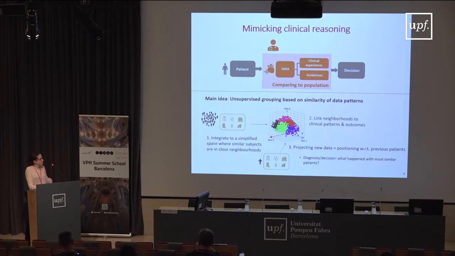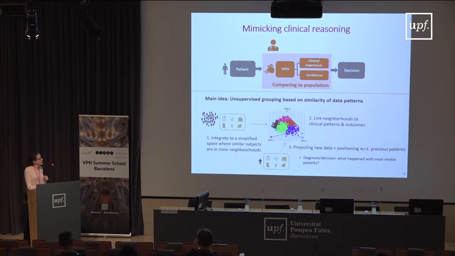So in this graph, every patient would correspond to a point, and patients that are similar are close to each other. In this output space, unusual patterns naturally stand out, and we can more easily discriminate groups of patients.